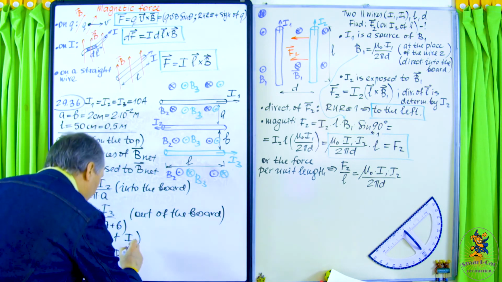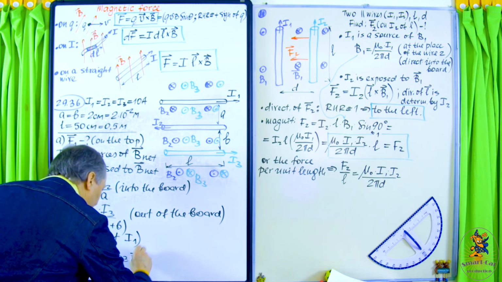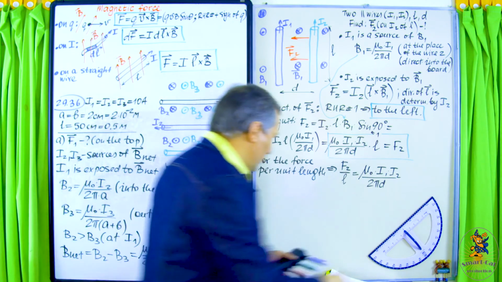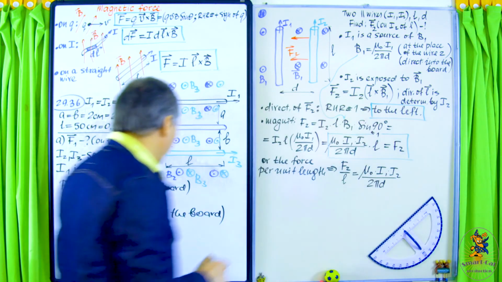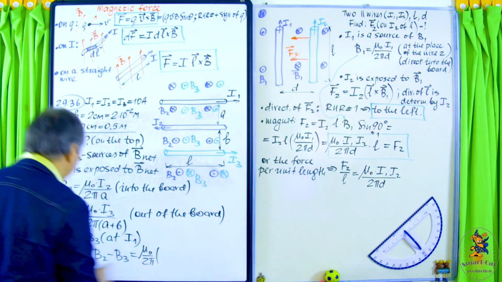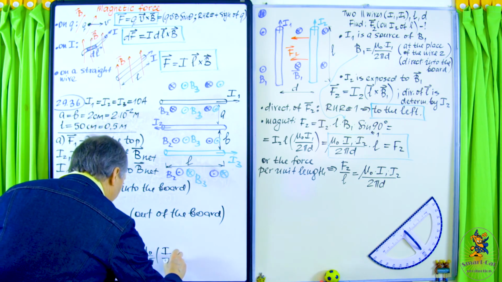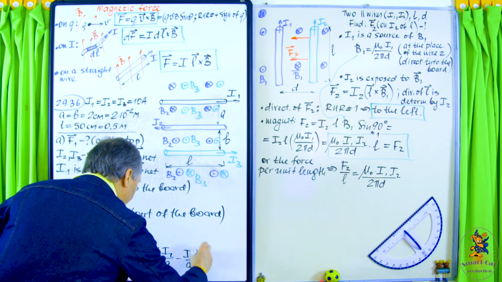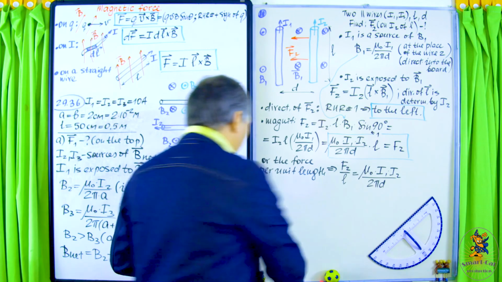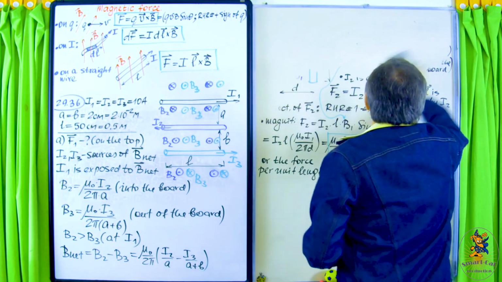And of course, I will factor out immediately mu naught over 2 pi. So it will be I2 divided by A minus I3 divided by A plus B. Because now what's left?